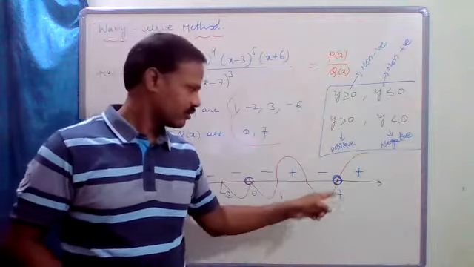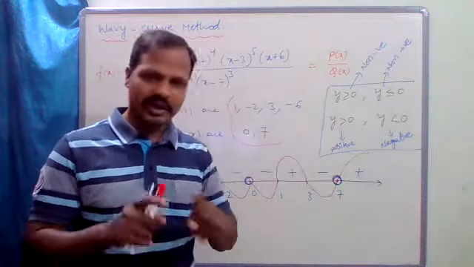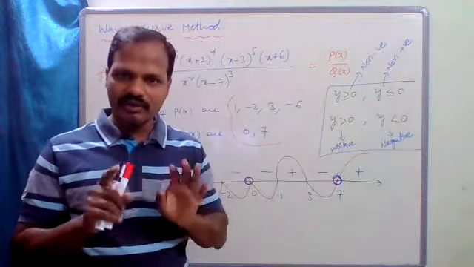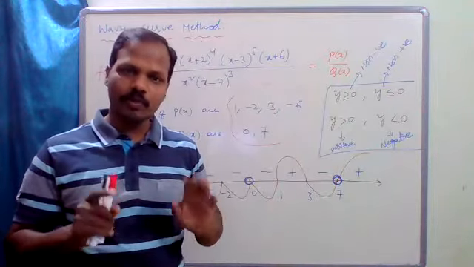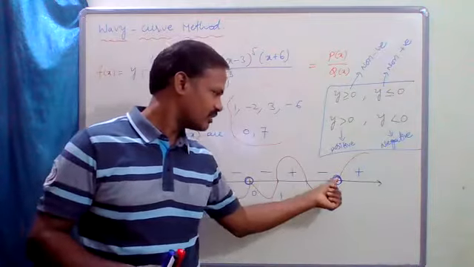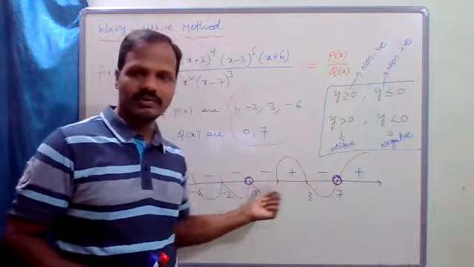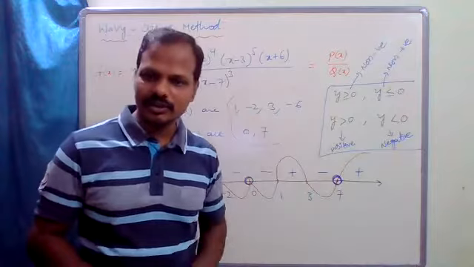Are you clear? While writing intervals, always use the open interval for the values where the denominator becomes 0.